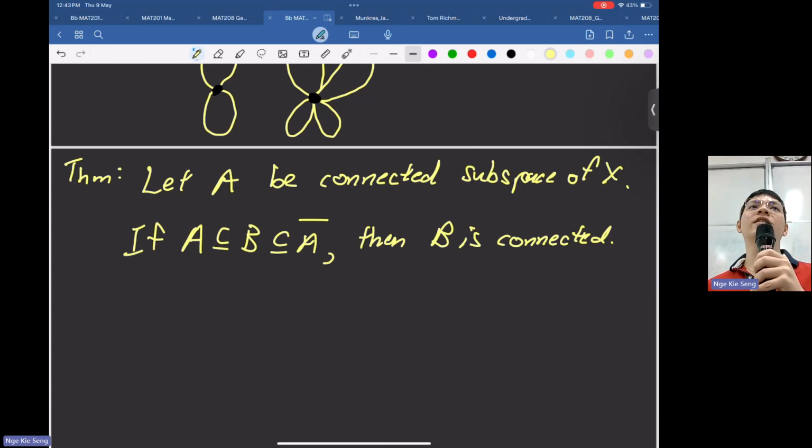What's a point in A bar? Either a point of A or a limit point. Then you will get that actually B is connected.